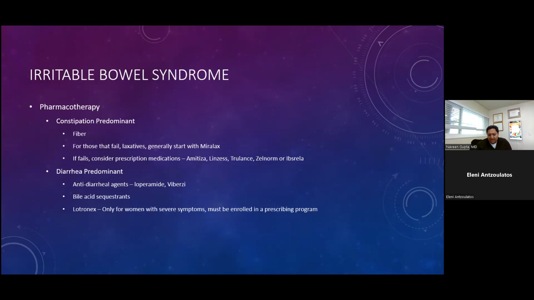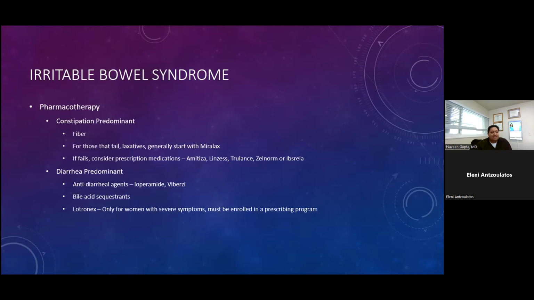And again, the medications are trying to address those issues we talked about in irritable bowel syndrome. For instance, Amitiza works on increasing the fluid makeup of stool, giving more water in the stool, easier to pass. Then Linzess and Trulance work at trying to correct the permeability of the mucosal wall, thereby increasing stool frequency.